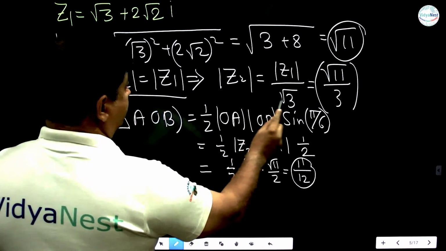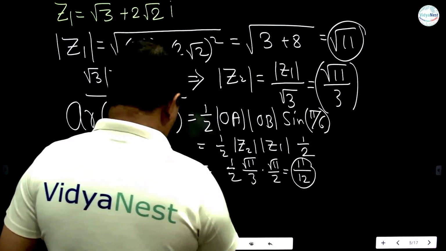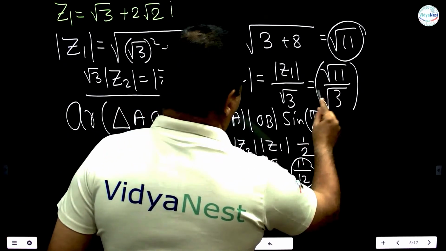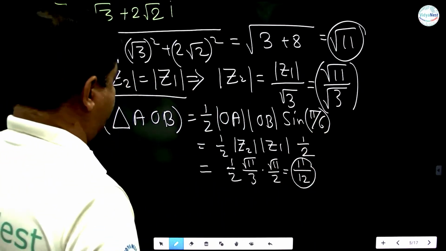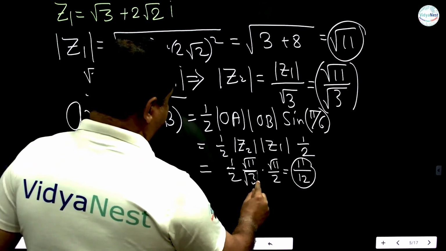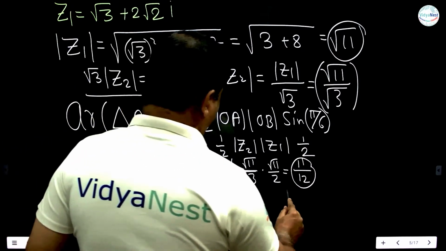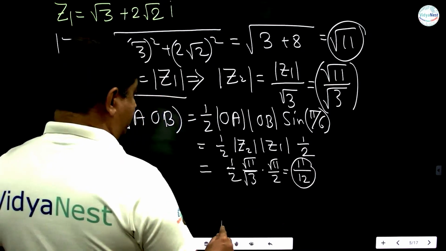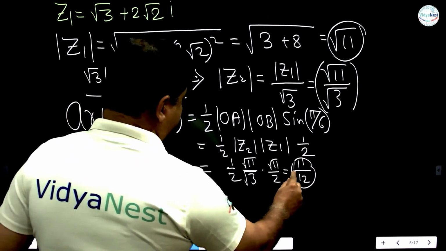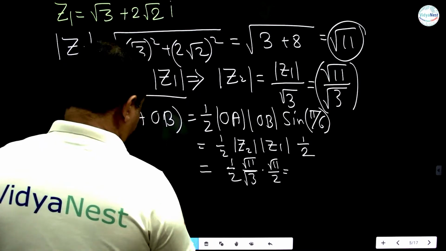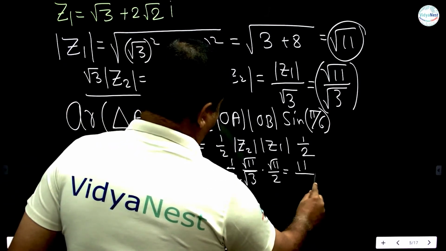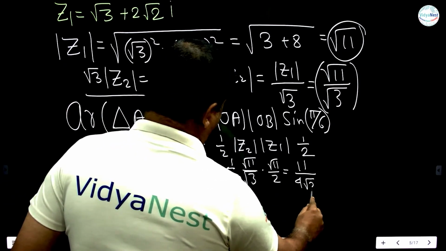I forgot to mention √3. So that will give you 11/4√3.